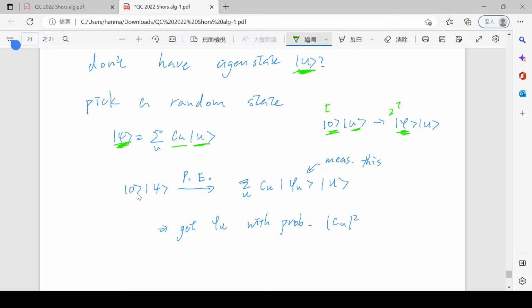if you have this 0 and the psi and you run phase estimation, then you can decompose this psi into different eigenstates, and the first register should record all the different phases of the different eigenstates of U. Right? Okay, this is just by linearity. Because if it is an eigenstate, then it should be whatever psi U here.